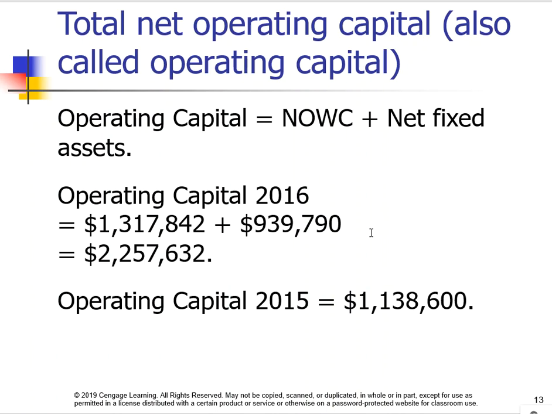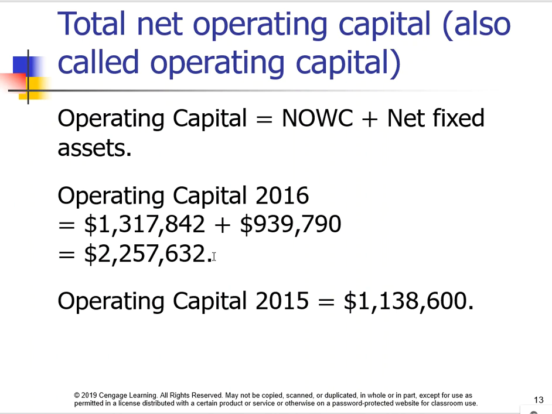You've got gross minus accumulated, so your net fixed asset number, sorry, I was looking at the depreciation. It's 939,790. So 939,790 is the net assets. So this is your operating working capital, operating current assets minus the NIBICLs, plus net fixed assets. So this is the total money we have invested in assets, net assets, in 2016.